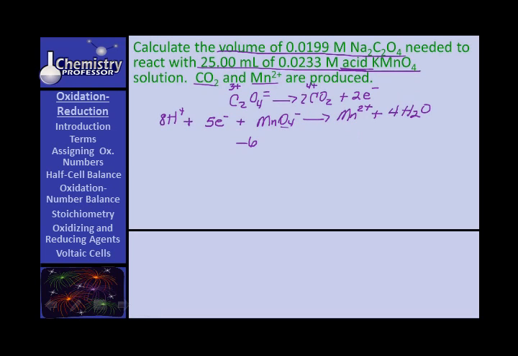All right, so the 2 half cells are balanced independently now. Let's see what the electrons lost and gained are going to do to us. We have 2 electrons lost, 5 electrons gained. We need to multiply this top half reaction by 5 and this bottom half reaction by 2.